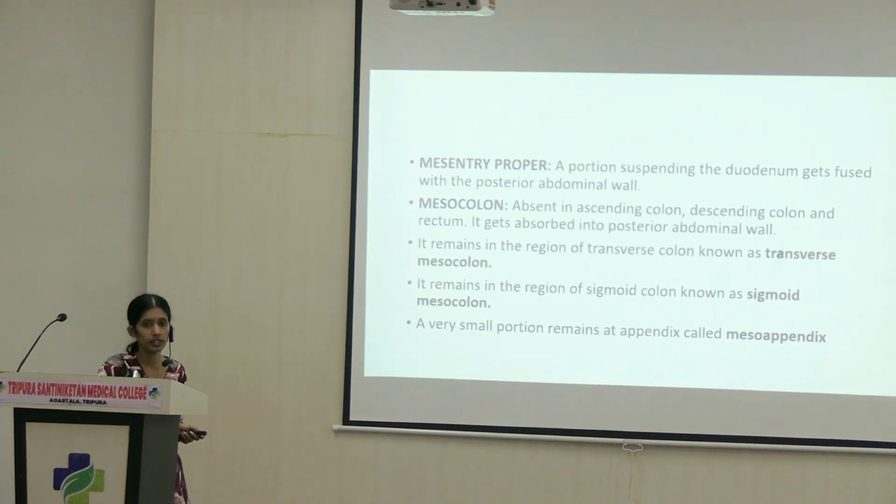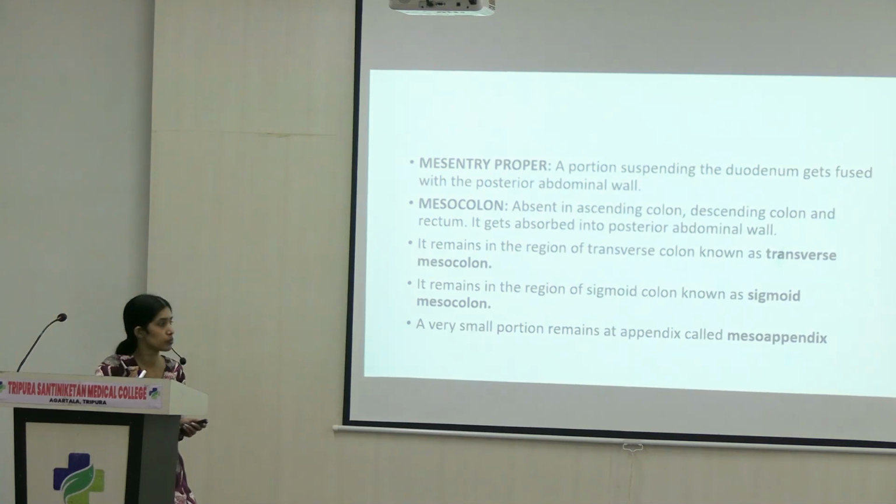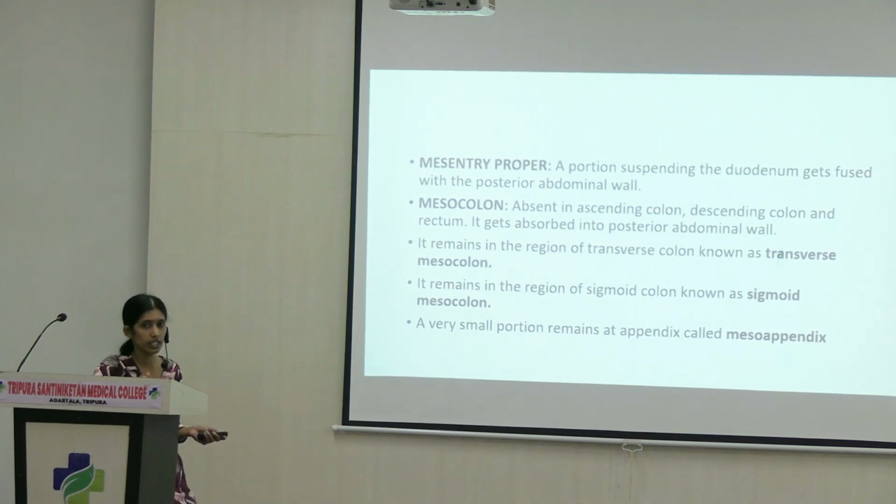What do you mean by that? The portion of mesentery which was attached to your duodenum will get absorbed, or fused, into your posterior abdominal wall. Any doubts in this?